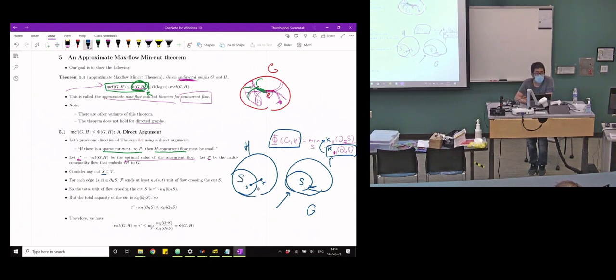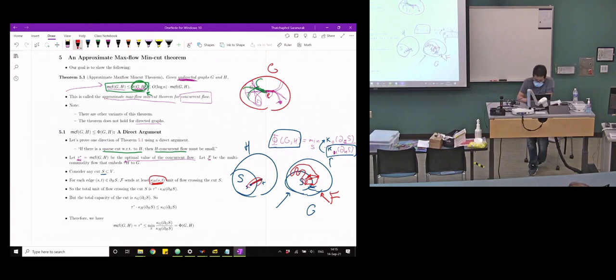is a demand. If you have some concurrent flow in G, this demand means that you must have some flow satisfying it. The flow might cross in a bad way, it might cross many times, but at least the total capacity crossing this cut must be at least the demand.